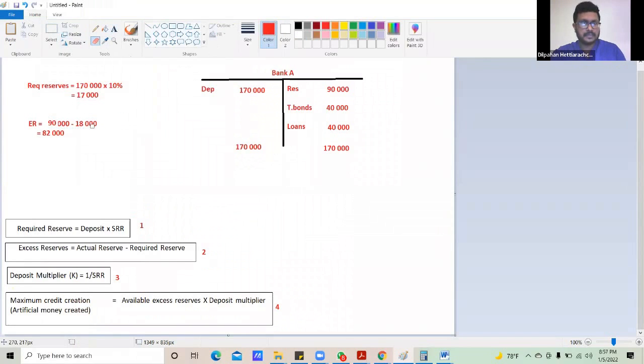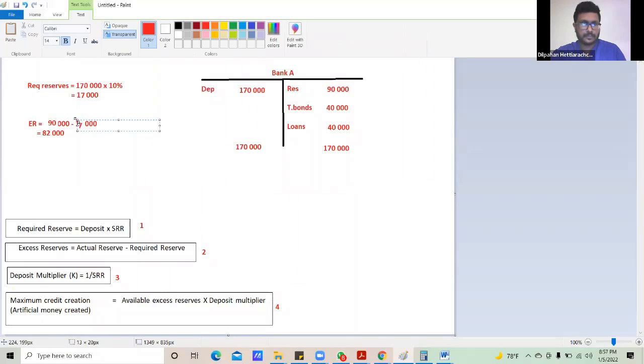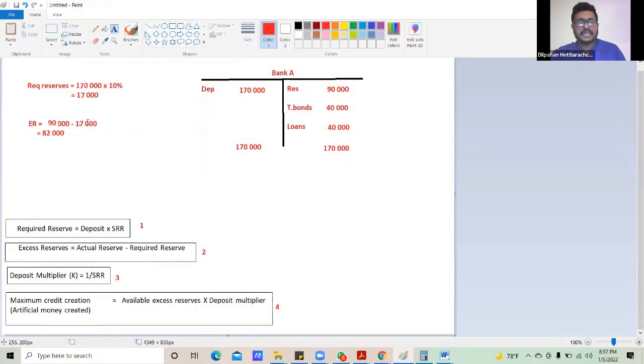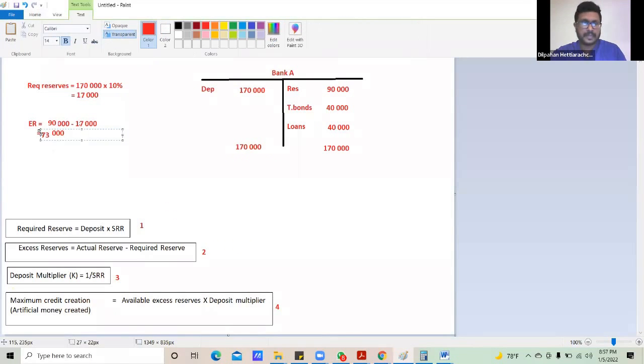And the required reserve we calculated the new one, that is 17,000. So what should be the answer? 90 minus 17. You can do the calculation. Don't use calculators. You can't use calculators in your economics paper, right? Use your manual calculations.